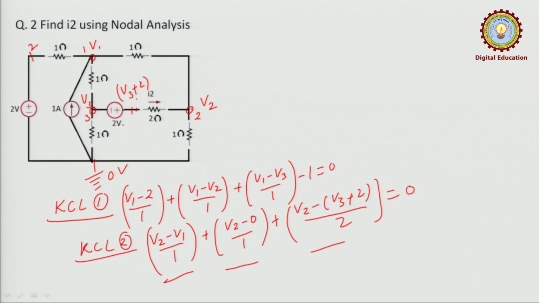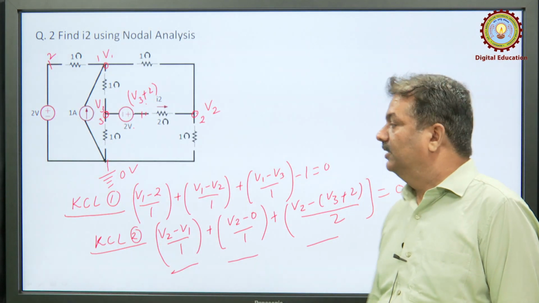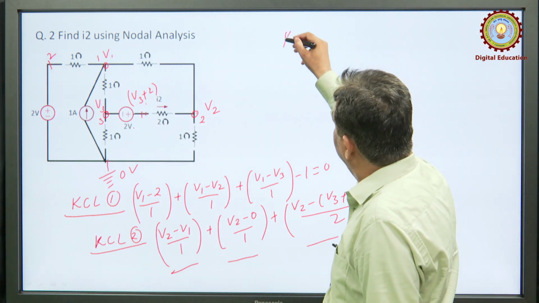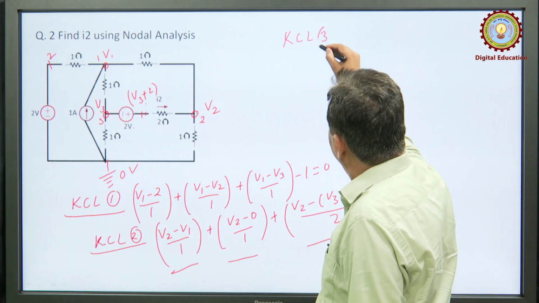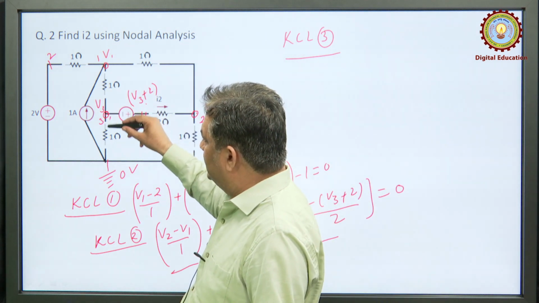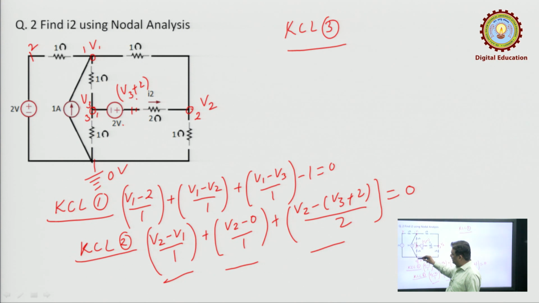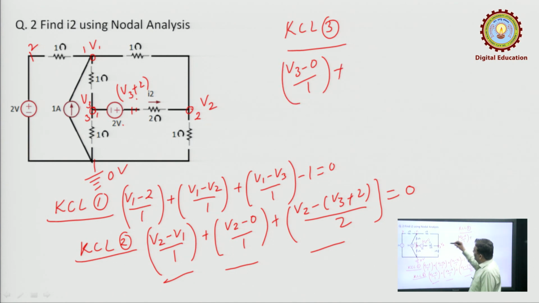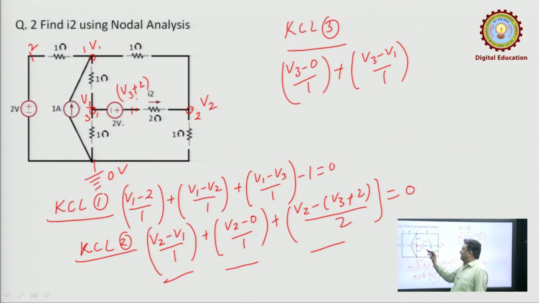Now, similarly, you can write KCL at node number 3. Again you can see 3 branches are there. Current in this branch, no problem, V3 minus 0 upon 1. In this branch V3 minus V1 upon 1. Now, again to find out current in this branch, we will move like this.